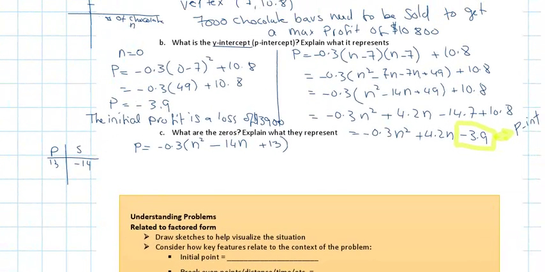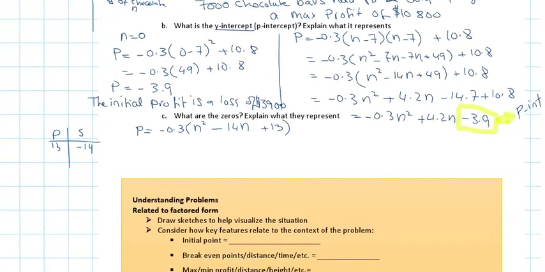And I told you, if I tell you right now it's 22 degrees outside, good luck with that, right? It's actually negative. So negative 13 and negative 1, yeah? Okay, and that adds up to negative 14. So my factors, I know they're negative 13 and negative 1. So I can factor p equals negative 0.3 times n minus 13 times n minus 1. So what are my zeros? 13 and 1.